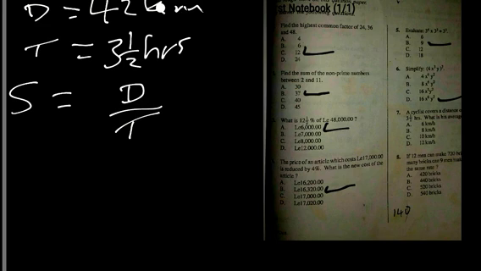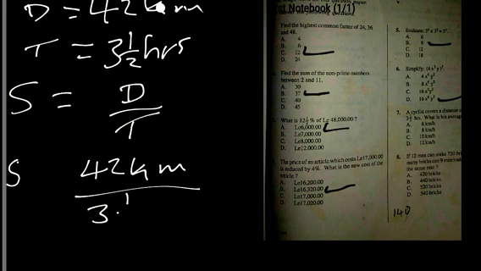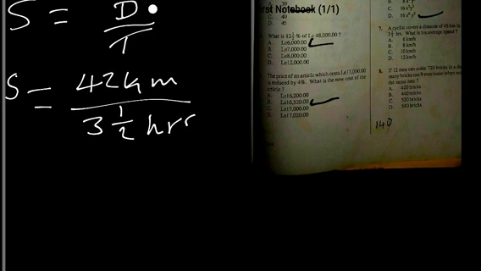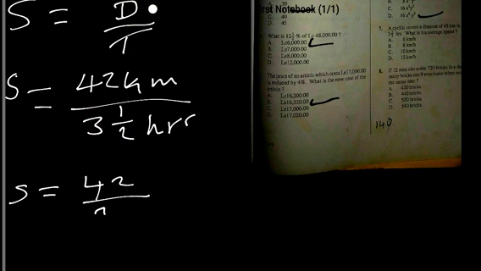So this will be equal to 42 kilometers upon 3 1 over 2 hours. So now S will be equal to 42 over, converting this mixed fraction to an improper fraction by multiplying 2 times 3 plus 1, that gives us 7 over 2, in kilometer per hour.